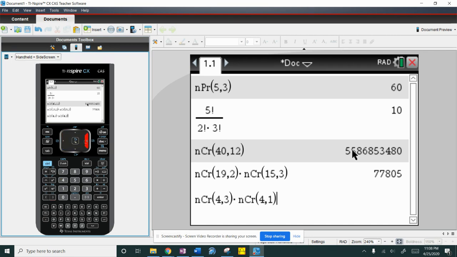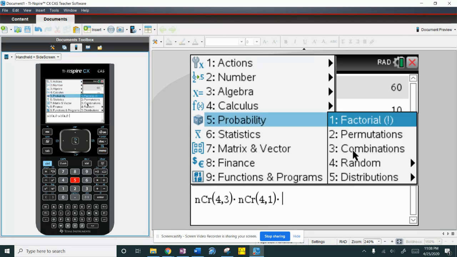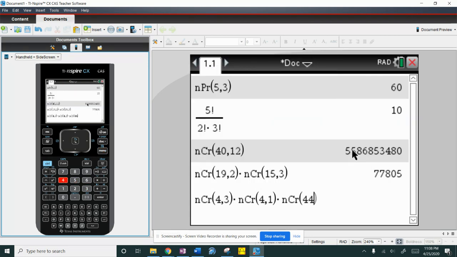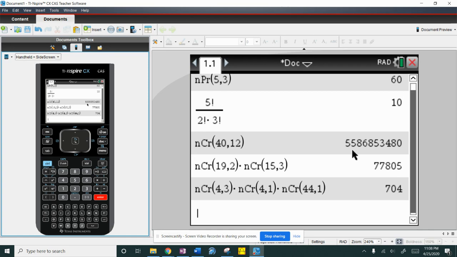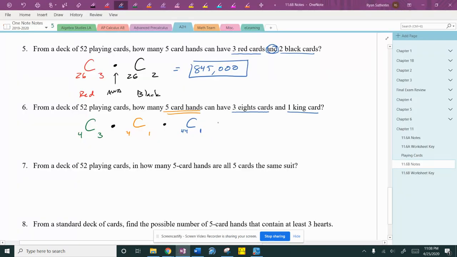And then at the end, out of the 44 that are left, we want 1 of those, which 44 choose 1 is just going to be 44. And that comes out to be 704 different hands that have that combination of cards.